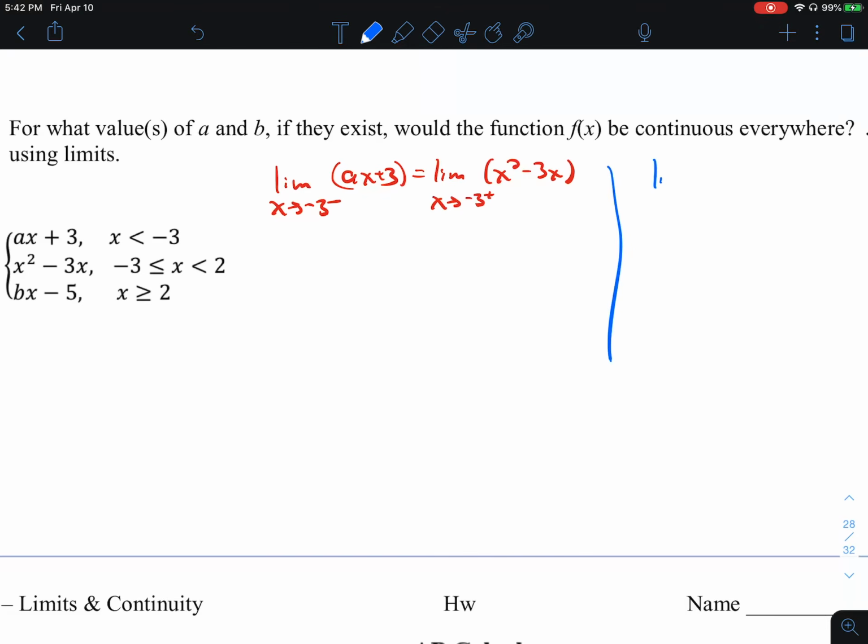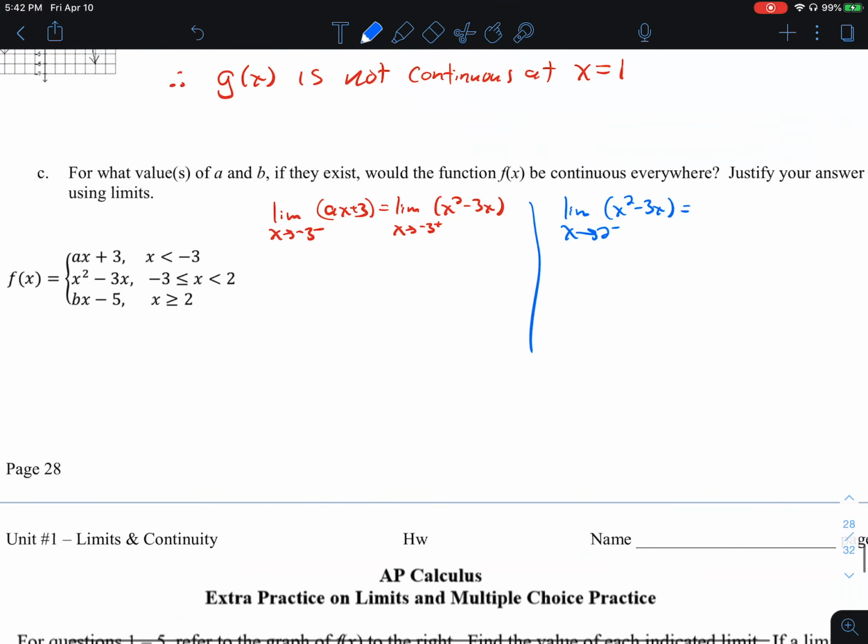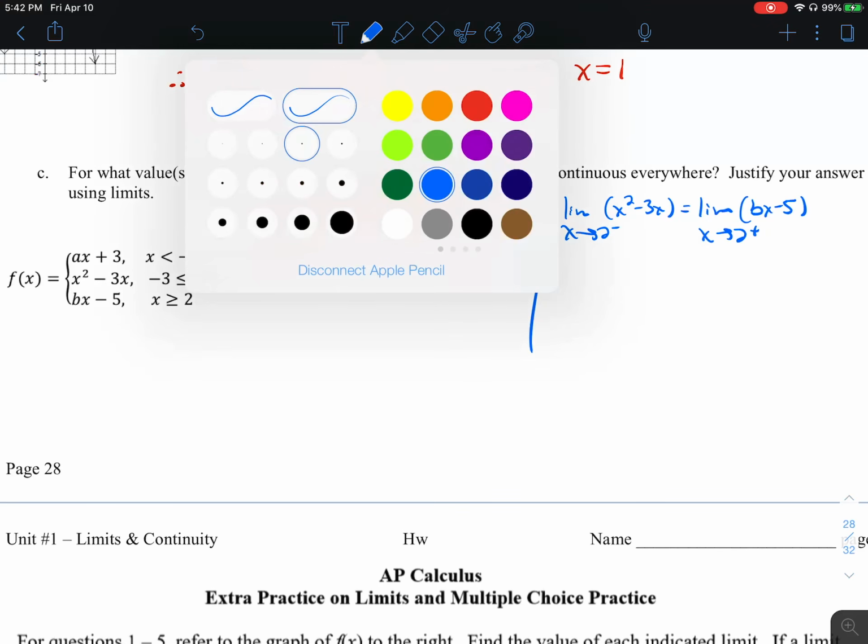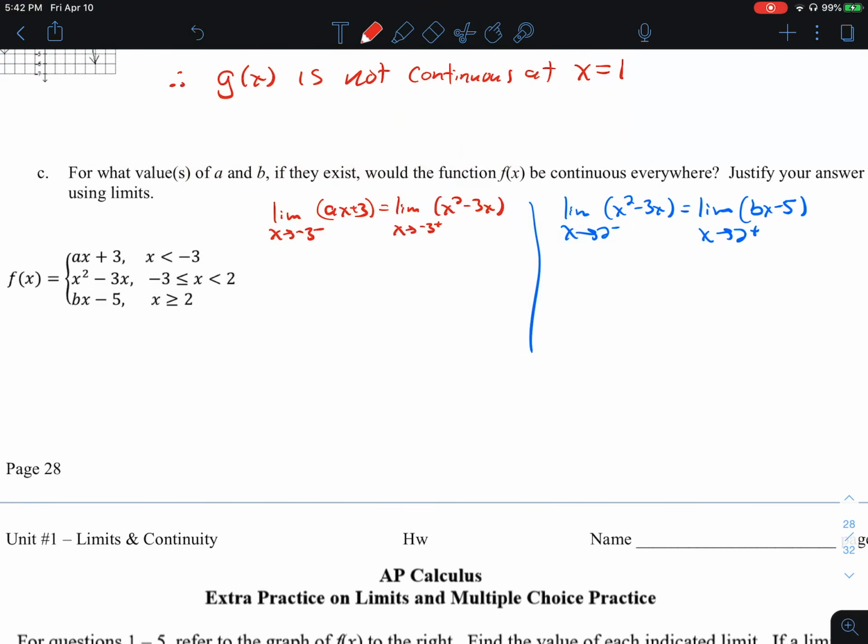Likewise, the limit as x approaches 2 from the left, x squared minus 3x, has to equal the limit of bx minus 5 as x approaches 2 from the right. Both of these limits have to be true.